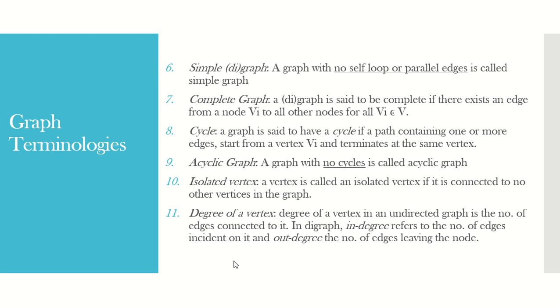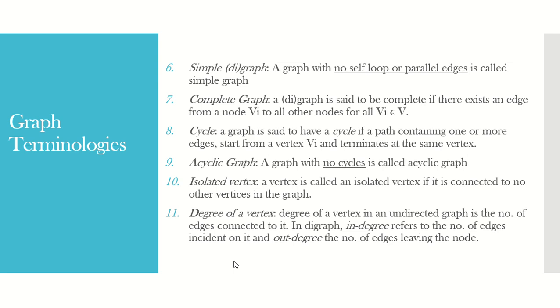I repeat, if you have a separate edge from a given node Vi to all the other nodes of the graph, then that graph is said to be a complete graph. Okay, you should have edges, not a path. It should be edges.